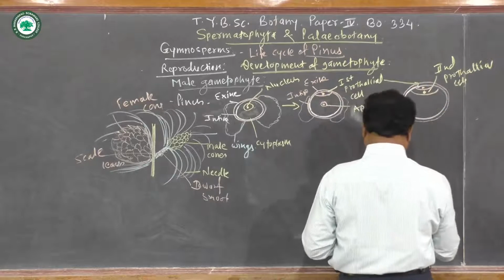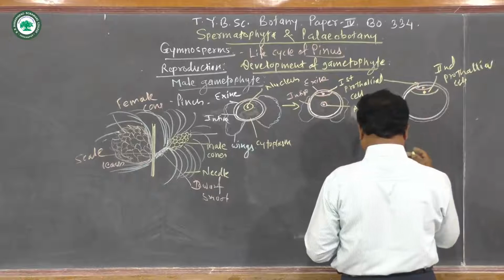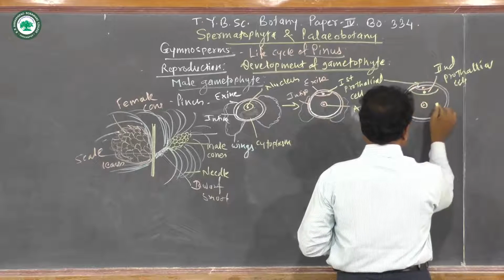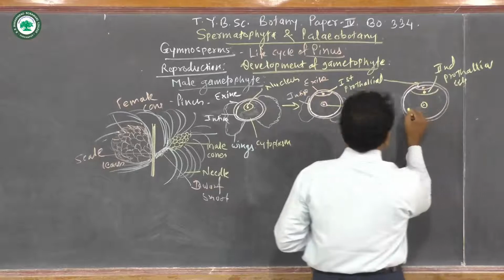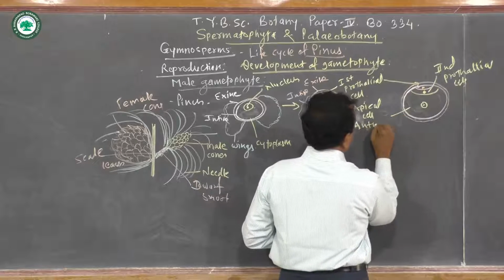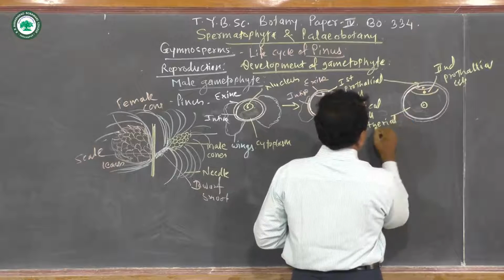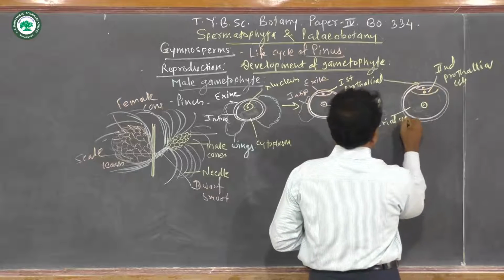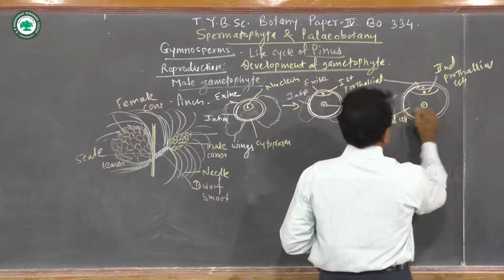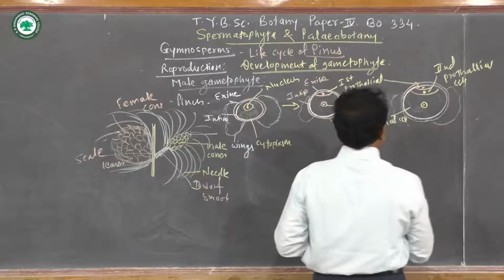And this cell, which is large in size, is known as the antheridial cell. Here these are the wings.